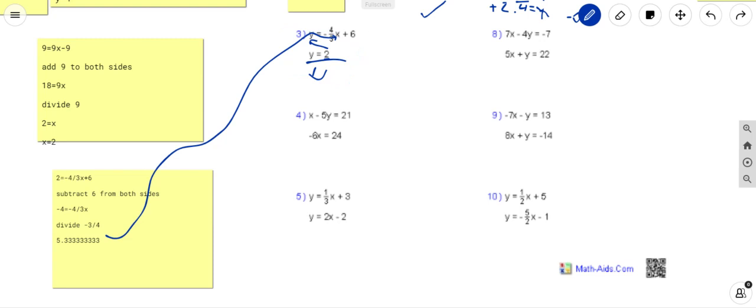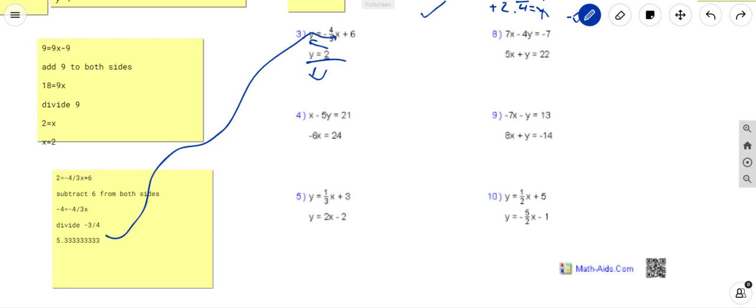So we took y equals 2. Yes. And then it equaled negative 4 over 3 x plus 6. Okay. We subtract 6 from both sides. Yep. And then we divided by negative 3 over 4.